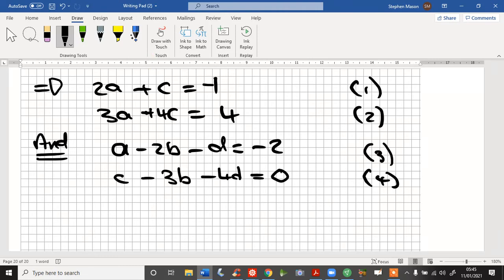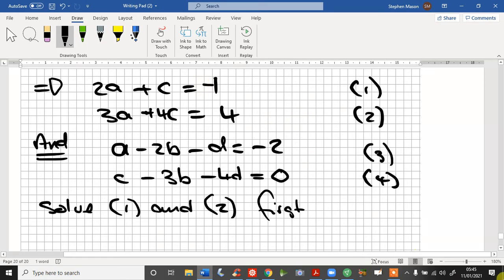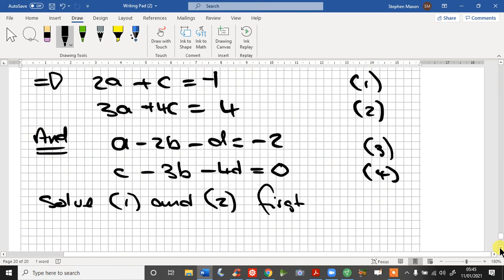Now what you do is you solve 1 and 2 first, and you should presumably be able to do that.